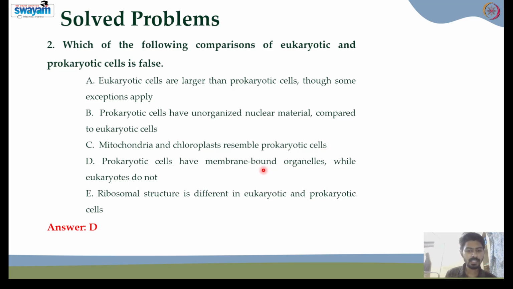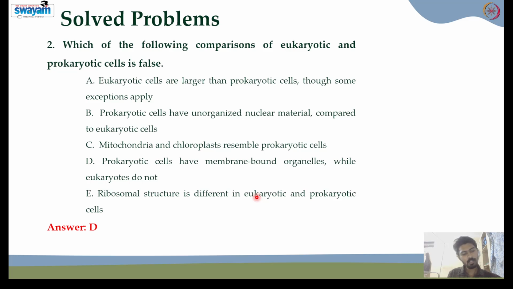And as we have seen, prokaryotes do not have membrane-bound organelles, and their ribosome structures are different. For example, in eukaryotic, their ribosomes are made up of 80S, and they are larger and complex, whereas in prokaryotic, they are made up of 70S structure, and they are simple and small.